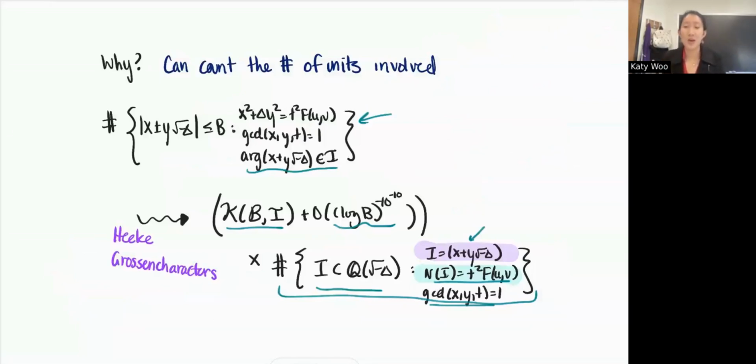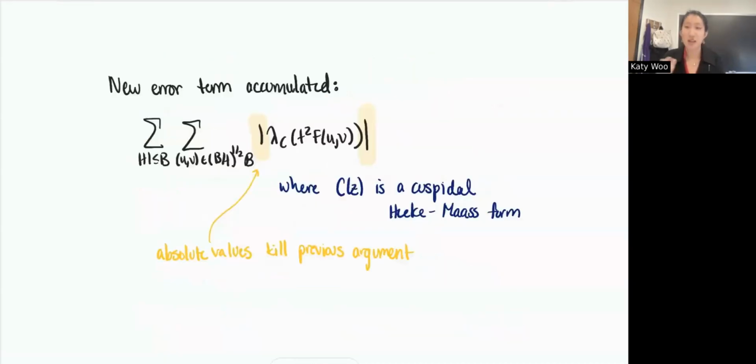So that's how the main term, or main term and some of the error terms, are treated in the case when delta is negative, but a new error term is accumulated and it's hidden in this squiggly arrow with the computation with Grossencharacters.